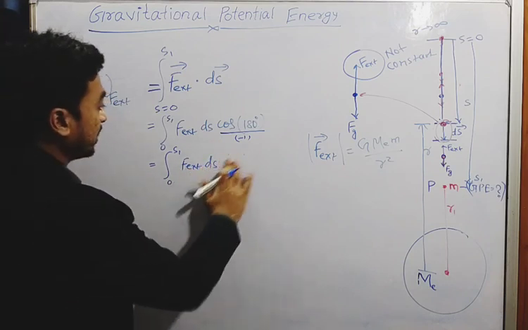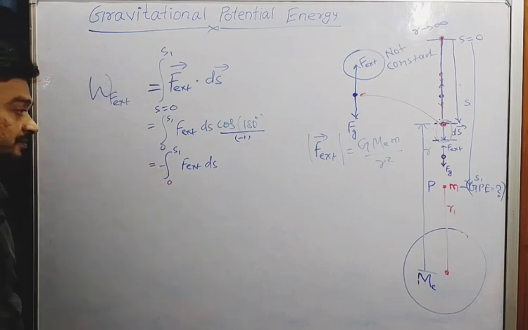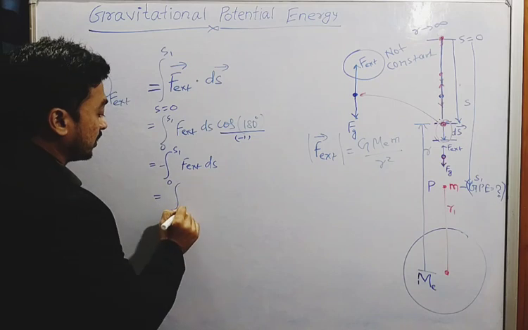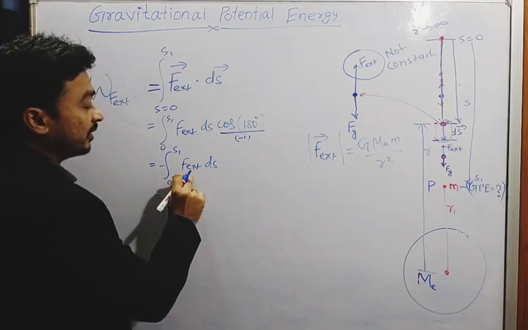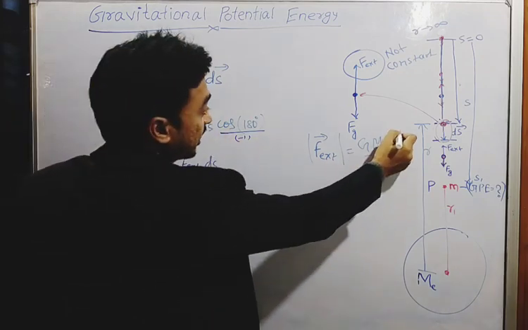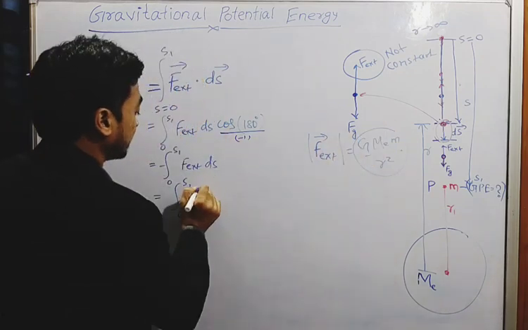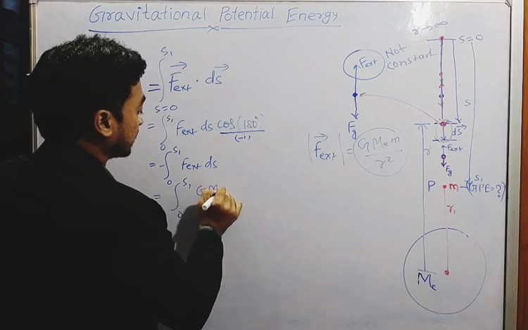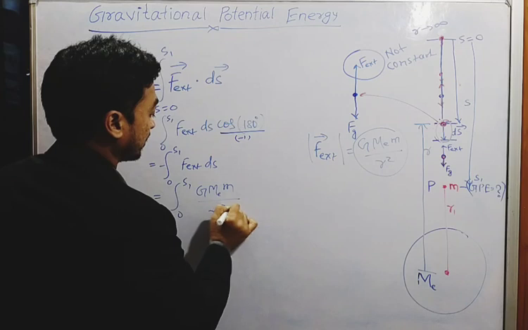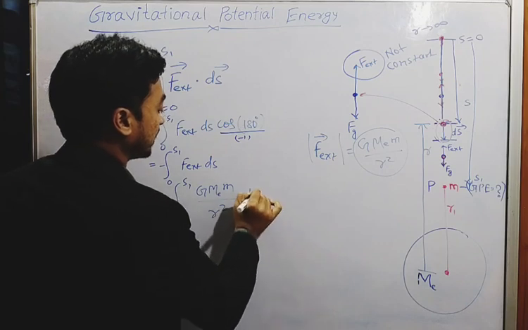You can put the negative sign outside. Put the value of magnitude of external force. What is the magnitude? This one, G mass of earth, mass of object by r square ds.